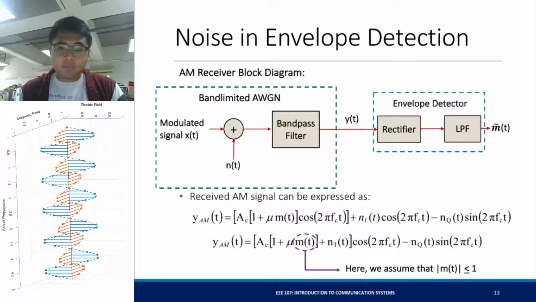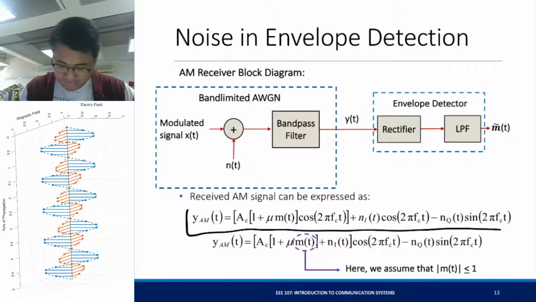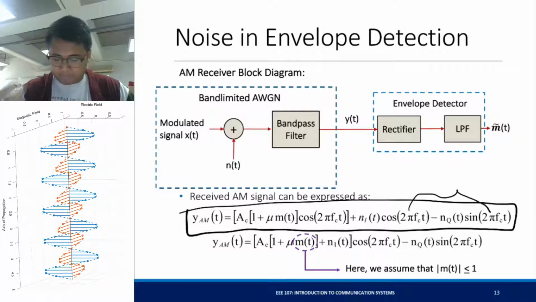When you have a full AM signal, we use this simple envelope detector to demodulate and recover the message from an AM wave. So recall an AM wave can be expressed in this way, and it has already been impeded by narrowband noise.